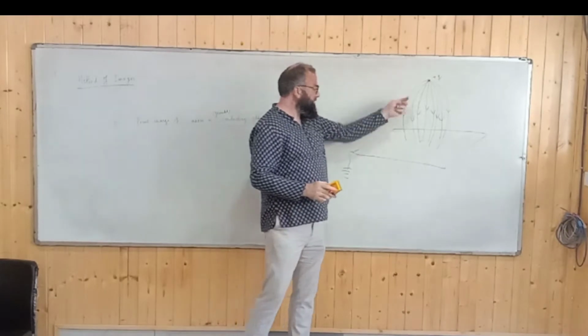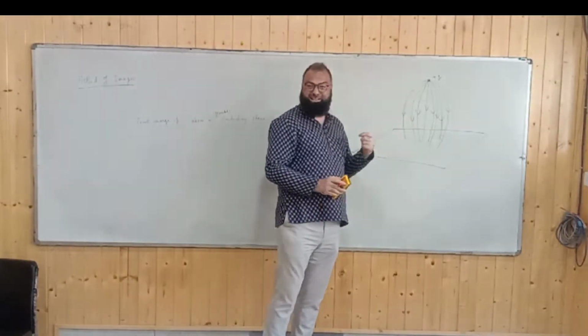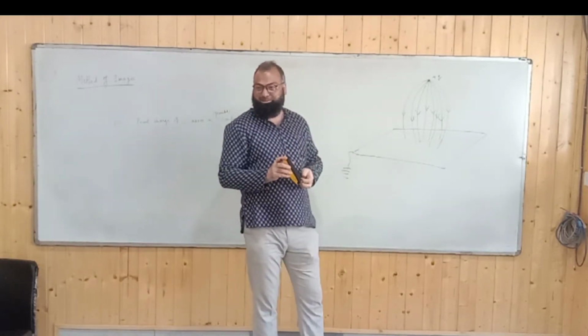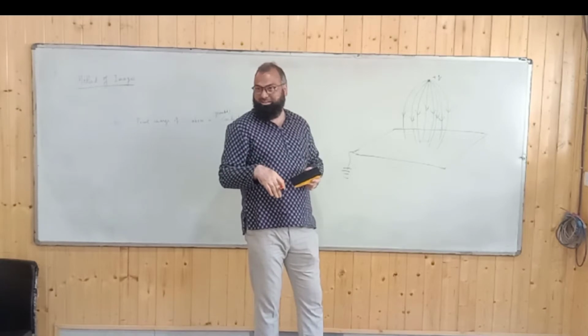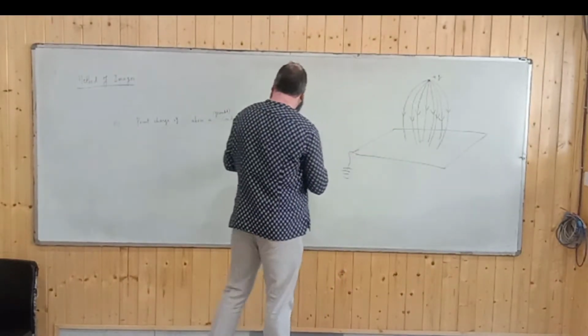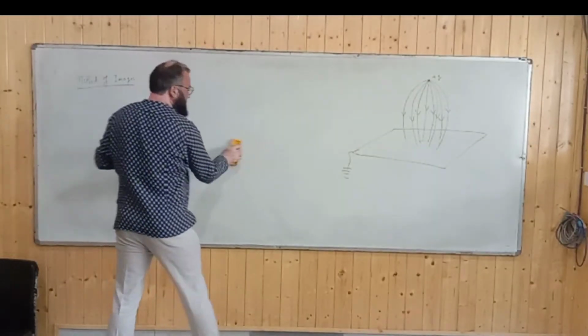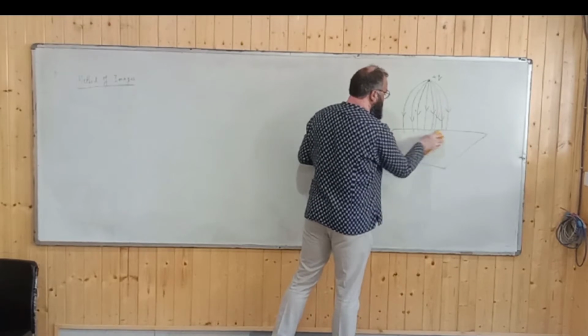They will start from the positive charge and terminate on the plate, is it? Let's think, if this plate, this sheet, is not there, what will happen to the lines of force? They should start somewhere and terminate on some other charge. So instead of solving this kind of problem, I will solve this problem.